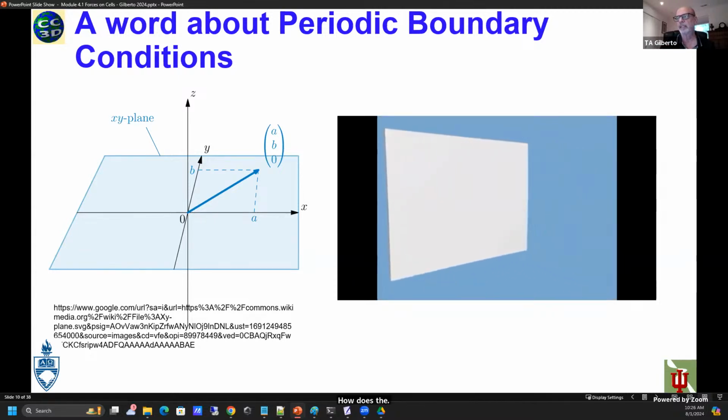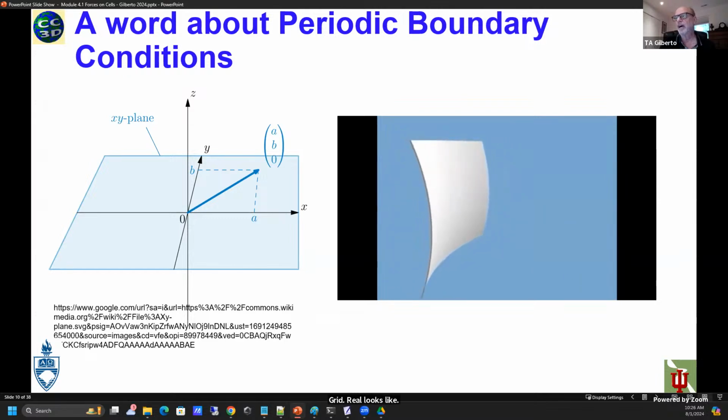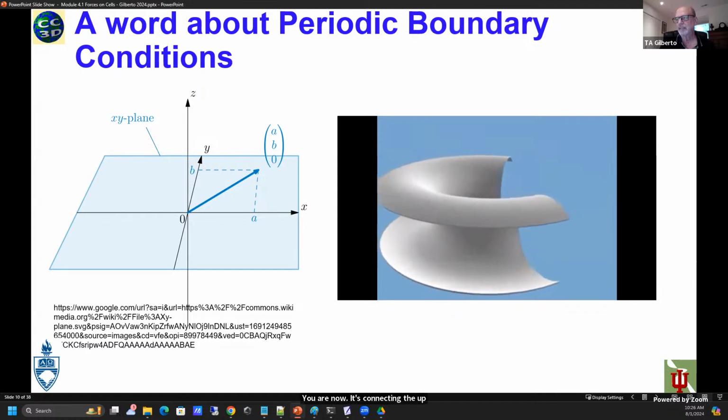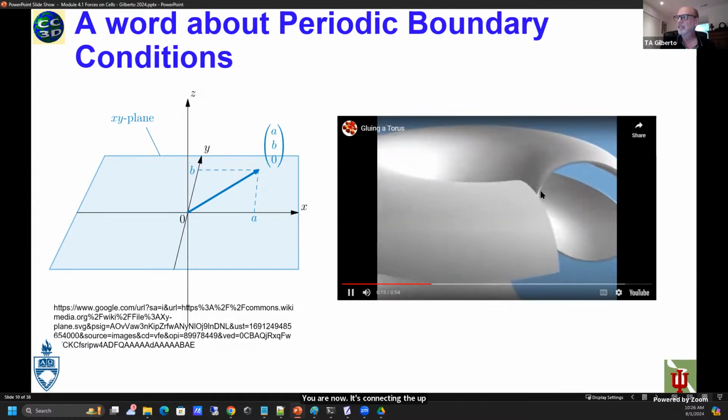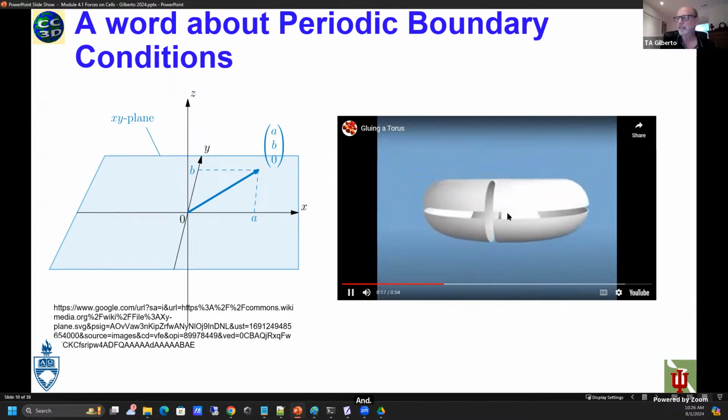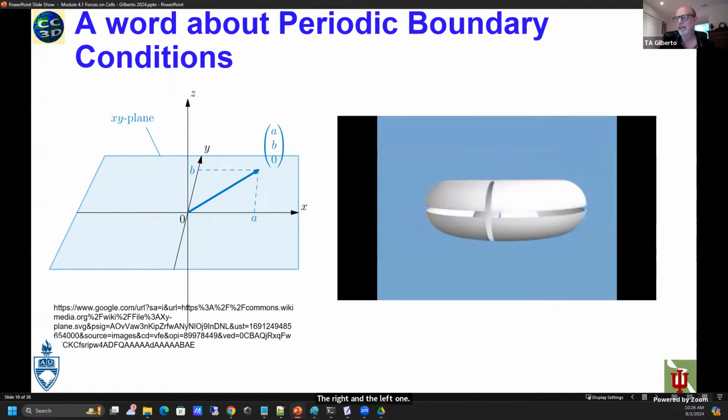Here's your plane, connecting the up and down parts and the right and left ones. So you actually have a torus shape.